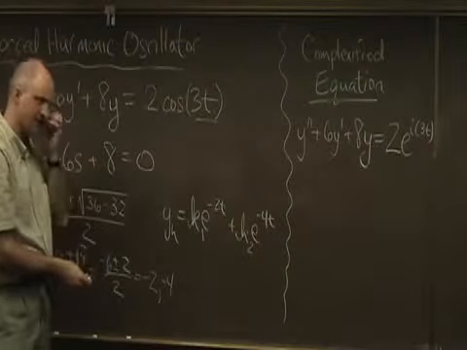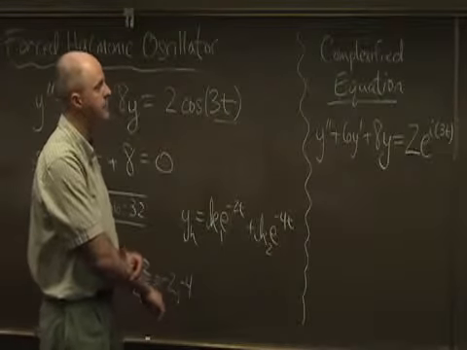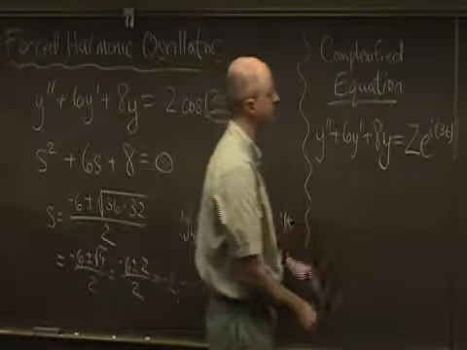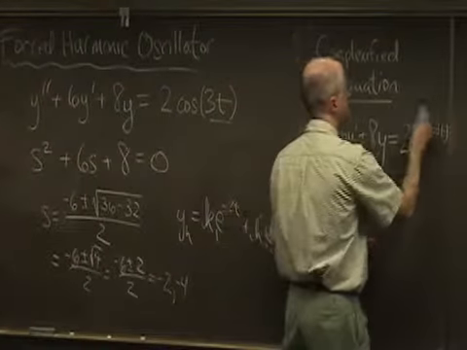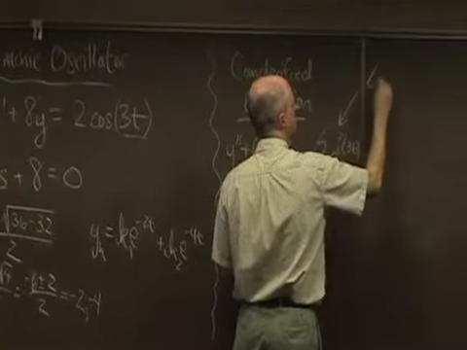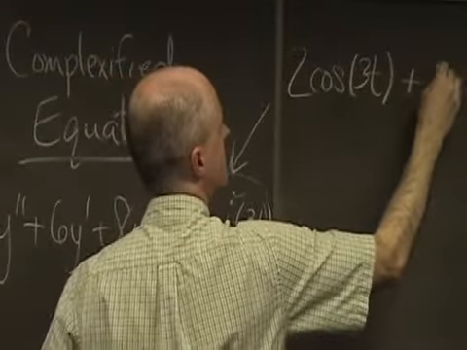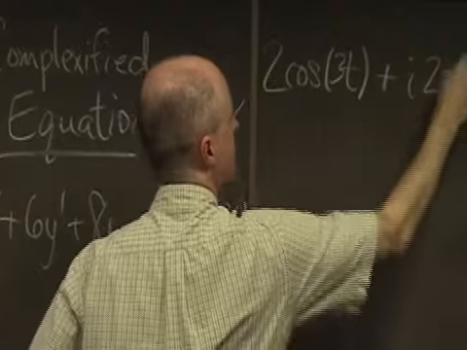Why do we do this? We'll eventually see. But what I want to point out now is that by Euler's formula, this thing right here is really 2 times cosine of 3t plus i times 2 sine of 3t.